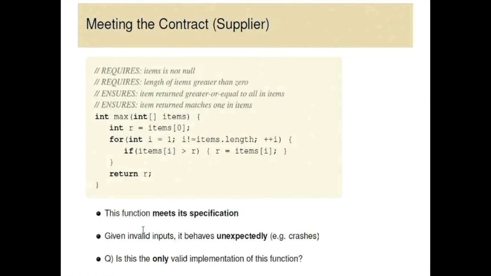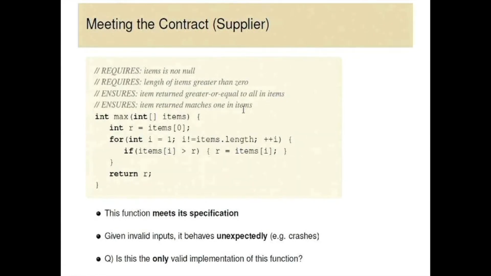All right, so here's a little function for determining the maximum value in an array of values. This function meets the specification, which we saw already. It's pretty straightforward. It returns one of the items in the array, and it returns the largest one.